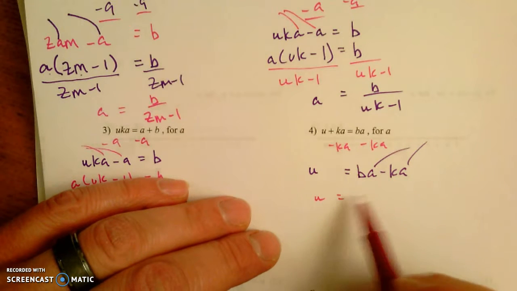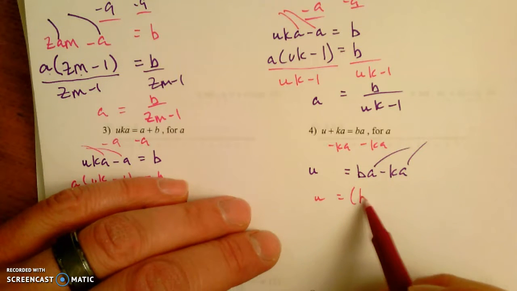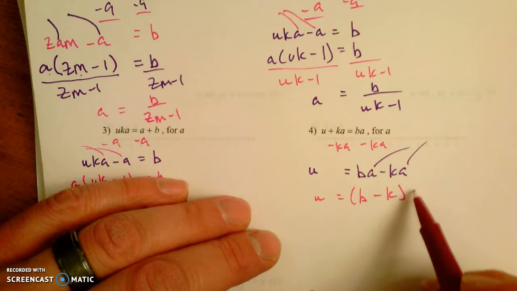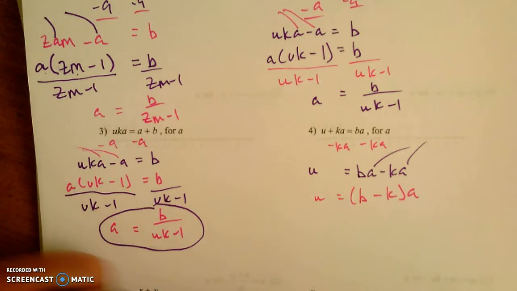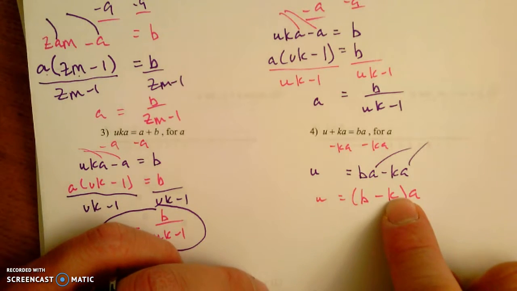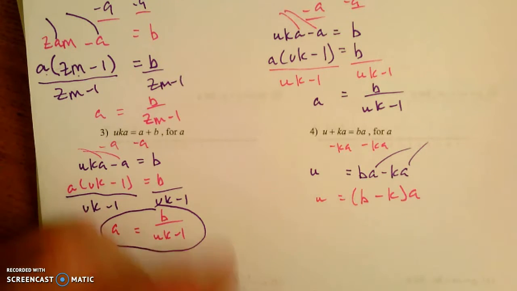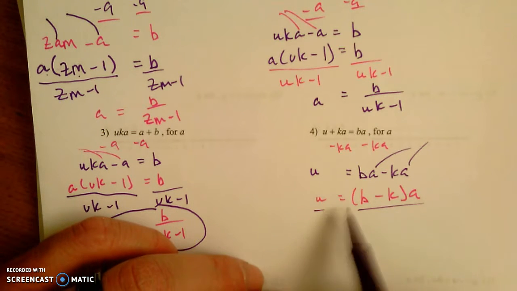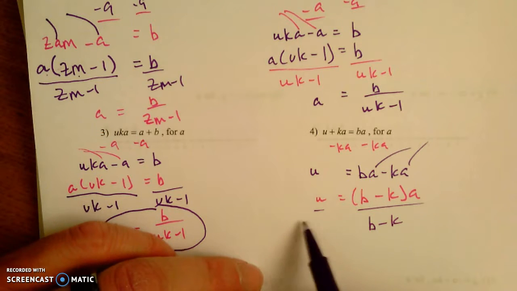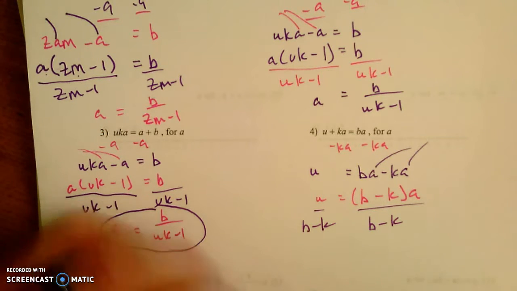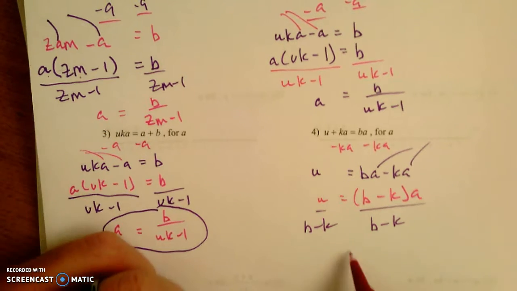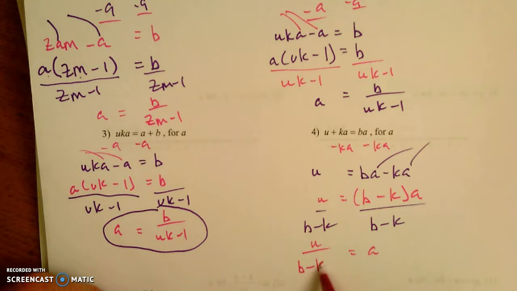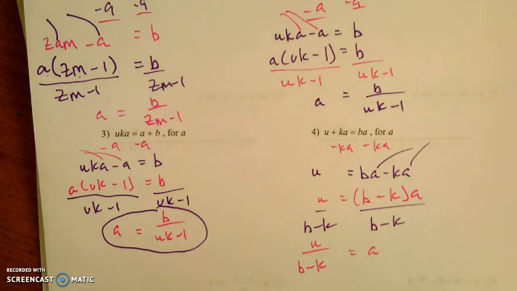And we get u equals b minus k times a. If we were to multiply this back in, we get ka and ba. Then we're going to divide by b minus k on both sides. We end up with a equals u over b minus k.